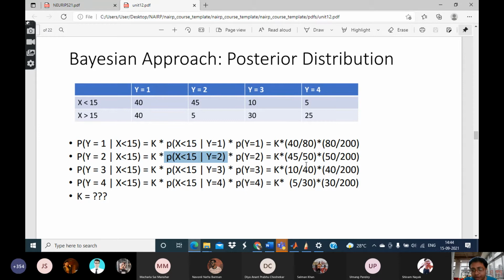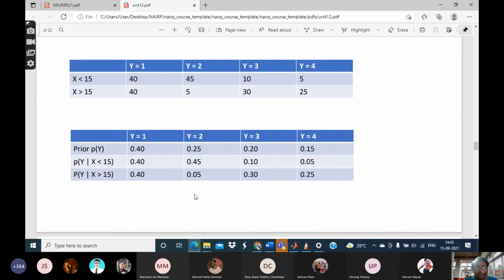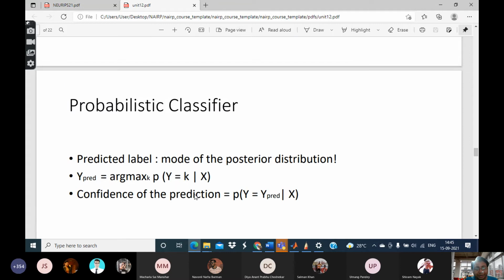This is 45 by 200 times k. This is 0.05k, and this is 0.04k or whatever that is. And so basically I add them up and set the sum equal to 1, right? So I can easily then solve for the value of k.